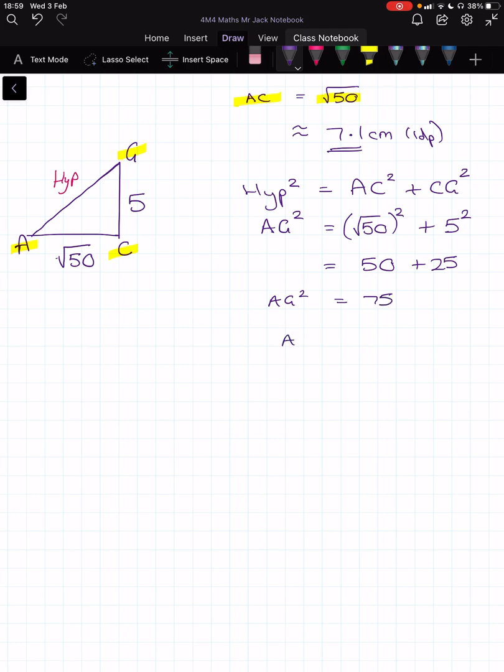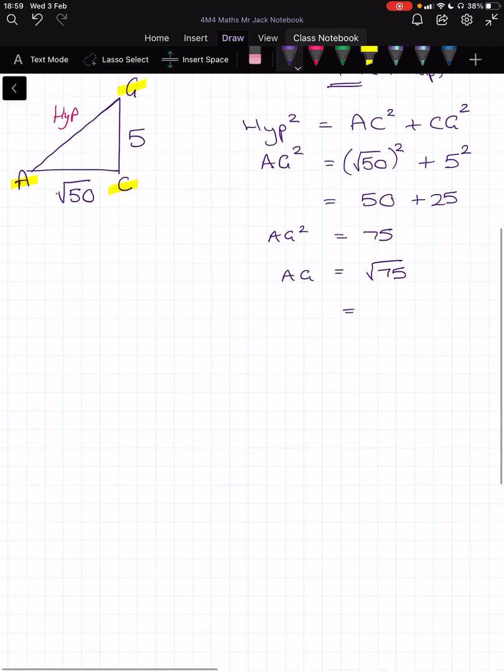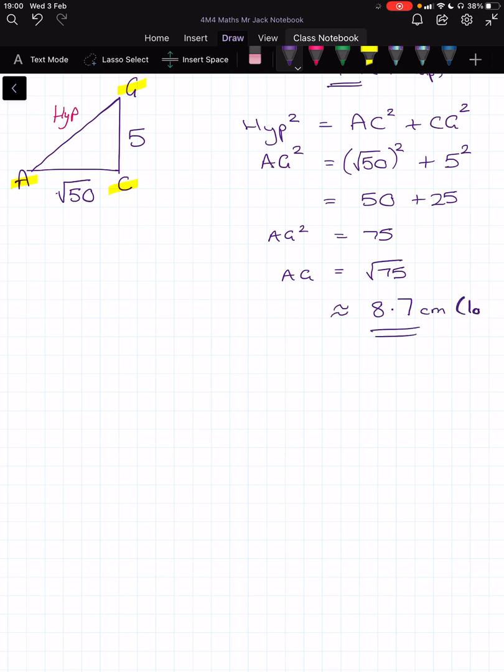And finally, AG is equal to root 75, which is 5 root 3 as a surd, but not as a decimal number. So as a decimal number, that's 8.7. It's actually a rounded number, so let's just state it as that. 8.7 centimeters. That's to one decimal place.